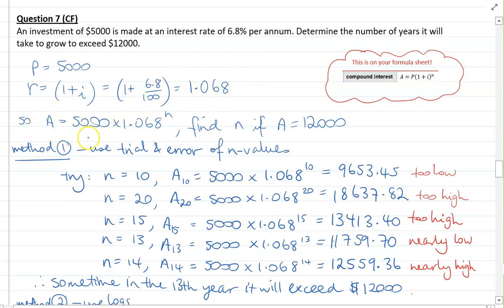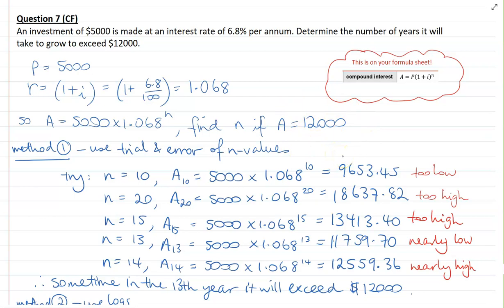That gives me a compound interest rule to use for this scenario. So the account balance, or A, will be 5,000 times 1.068 to the power of n. And you need to therefore find or solve for n if our balance is going to be $12,000.